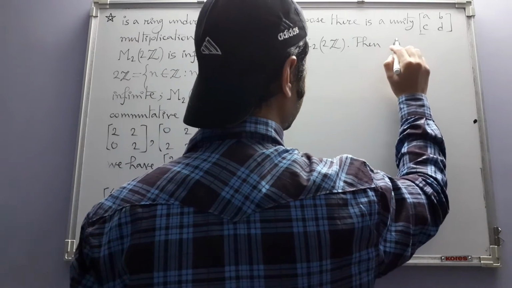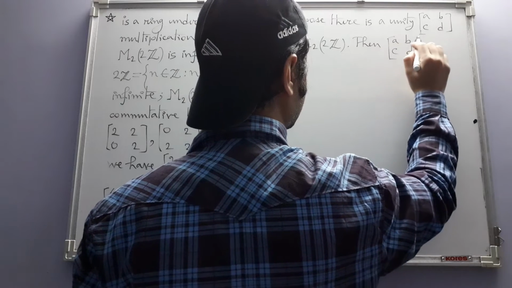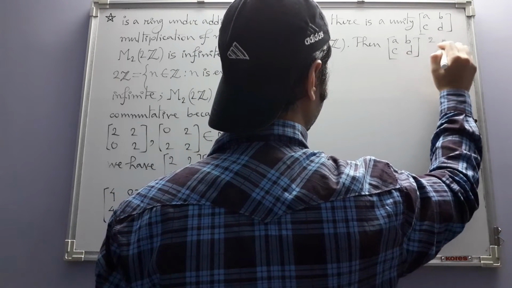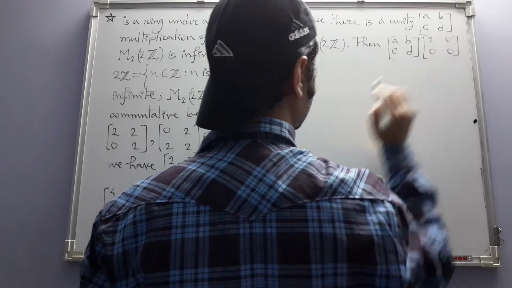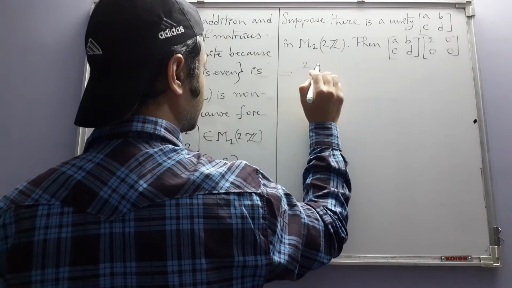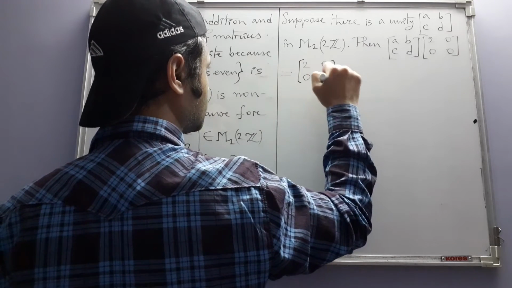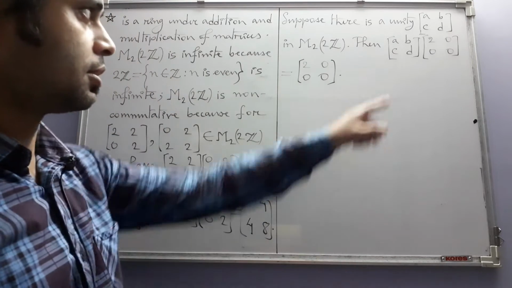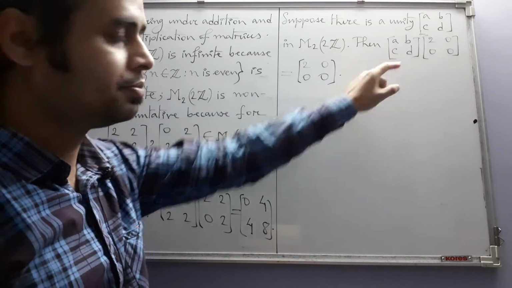Then this product should give us this matrix back, because this has been supposed to be the unity.